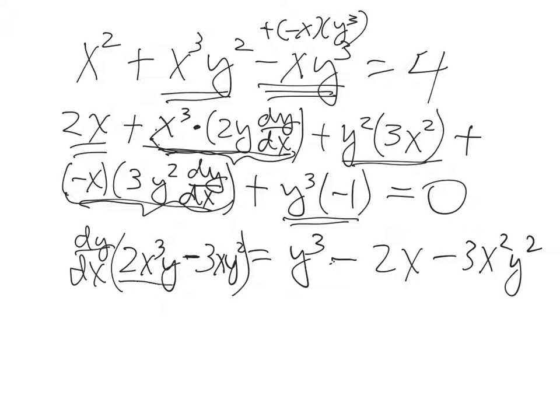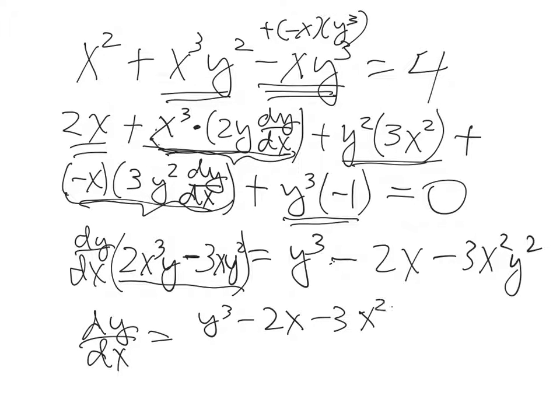And finally divide by our binomial. Dy by dx then will be y cubed minus 2x minus 3x squared y squared all over 2x cubed y minus 3xy squared.